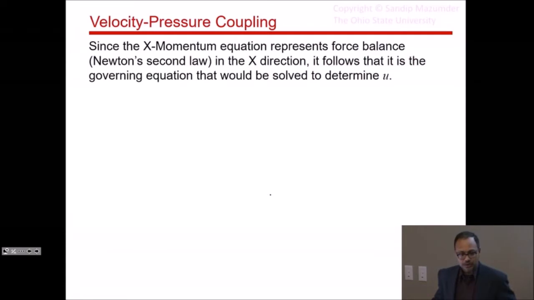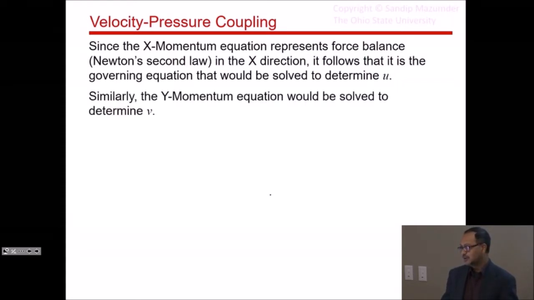And you would tend to think that equation will give me the u velocity. If you did force balance in the x direction, you would tend to think that would give you the rate of change of displacement in the x direction, which is u velocity. Similarly, the y momentum would give you v velocity. This is pretty intuitive: x component gives me x component of velocity, y component gives y component of velocity.